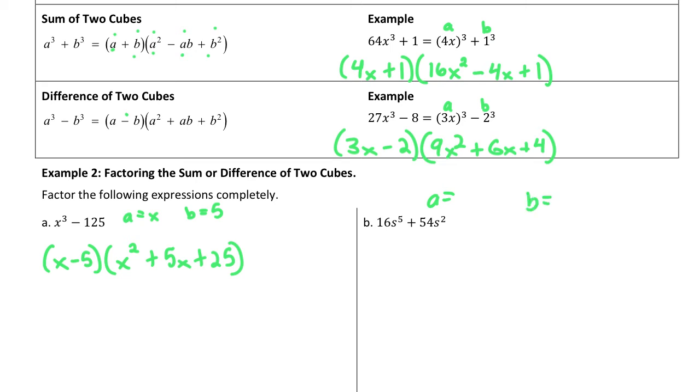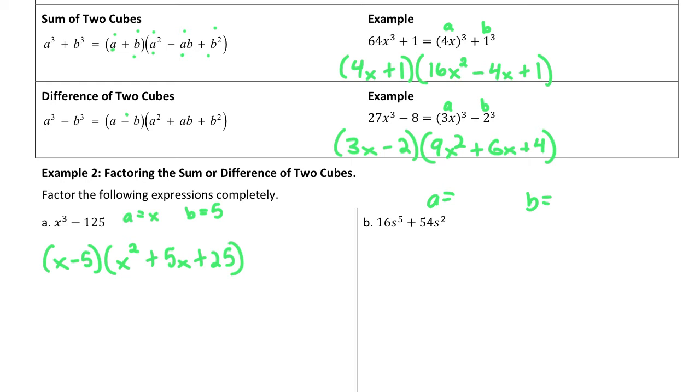Now in part b, it's not a perfect cube, so we're not going to jump to that right away. But in part b, I can factor out something from each term, okay? 16 does not fit into 54, so we can't factor out 16. The number that we could factor out of each of those terms is basically 2.